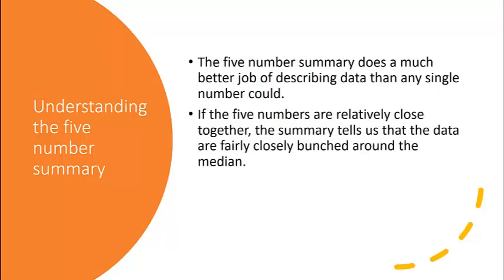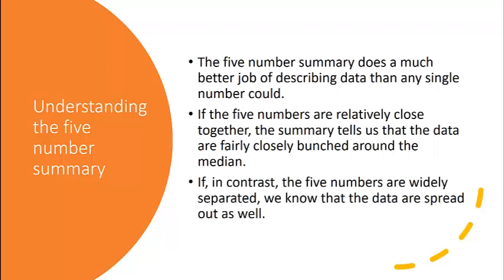If the 5 numbers are relatively close together, the summary tells us that the data are fairly closely bunched around the median. If, in contrast, the 5 numbers are widely separated, we know that the data are spread out as well. In our next video, we'll look at another way to describe the spread of data, something called the standard deviation.